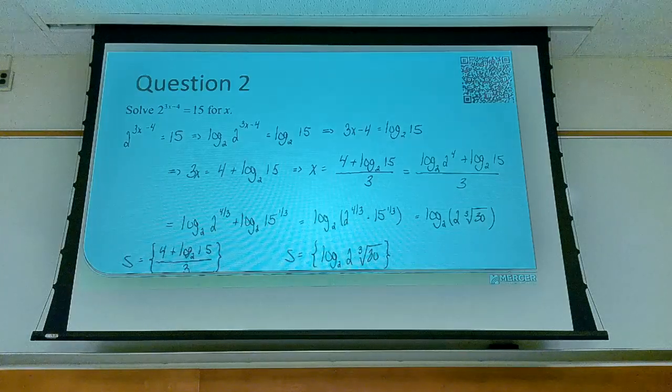So again, I'm just going to boil down to what looks cleaner. Now, it's possible you're going to be asked to actually write it as a single log, in which case you have to go all the way.